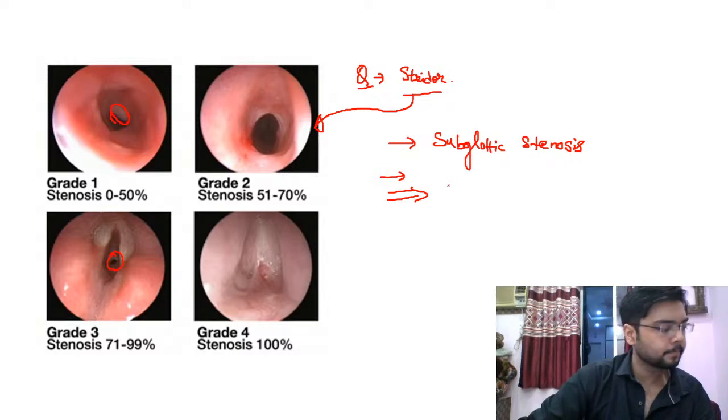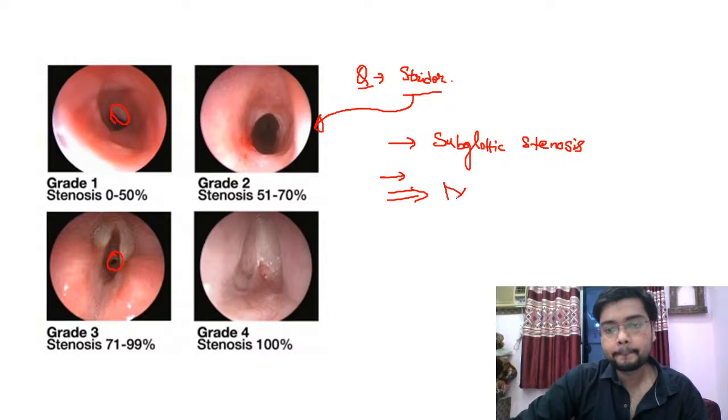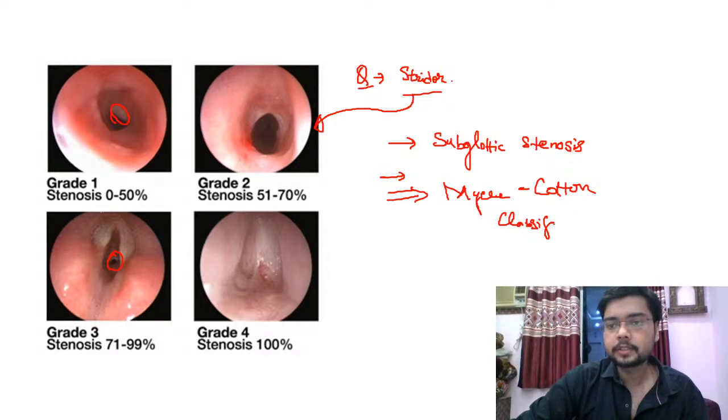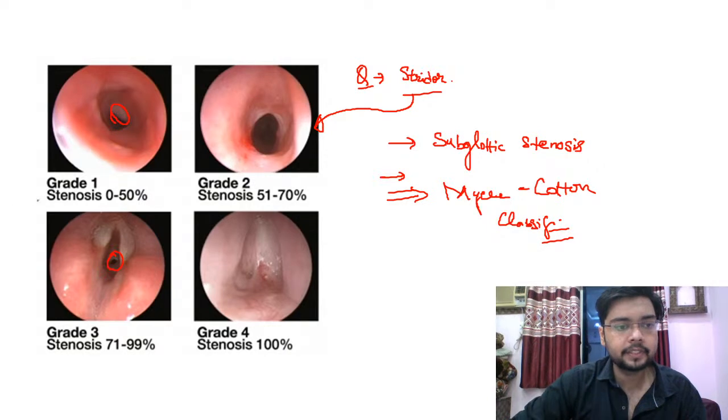Anybody? So it's Myer-Cotton classification for subglottic stenosis.